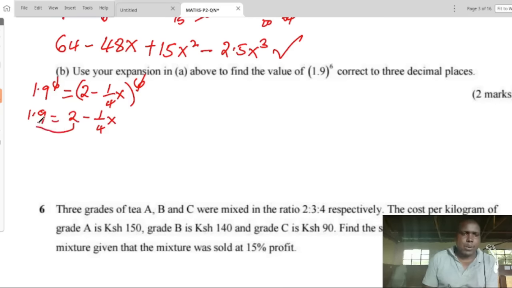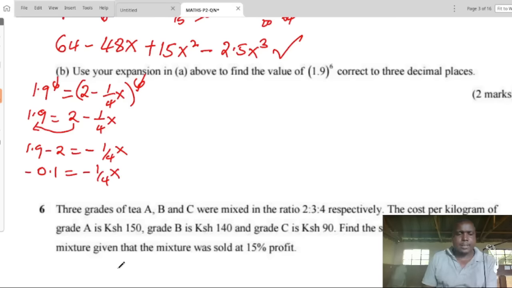The whole numbers will come here. So we will have 1.9 minus 2 is equal to minus 1 over 4x. The answer here is negative 0.1 is equal to minus 1 over 4x. We want the value of x. We multiply everything with the reciprocal of negative 1 over 4.